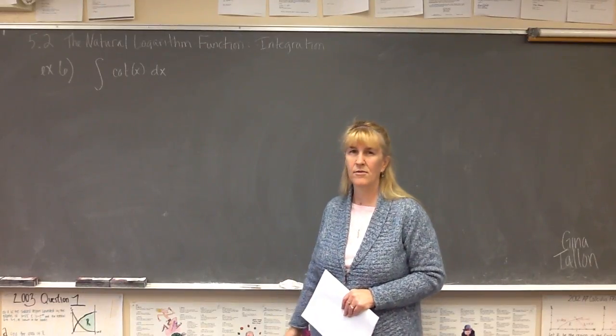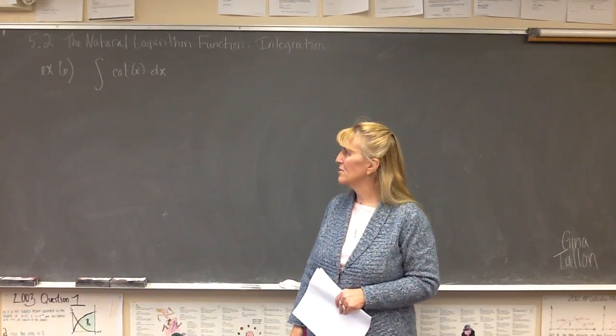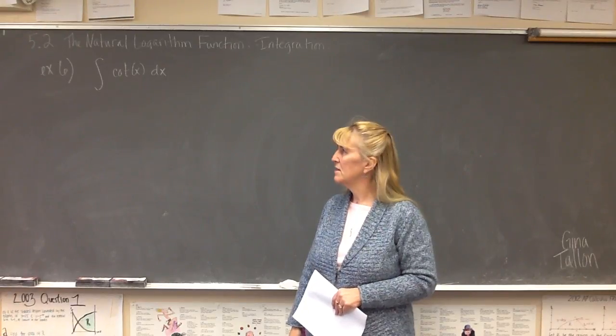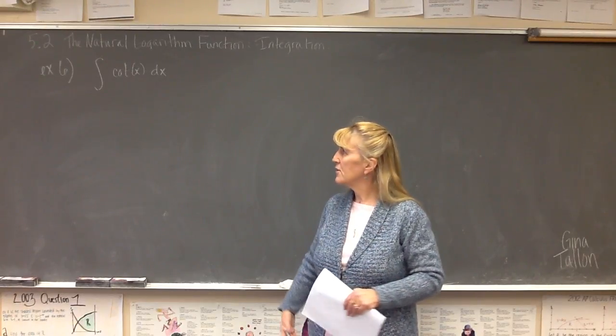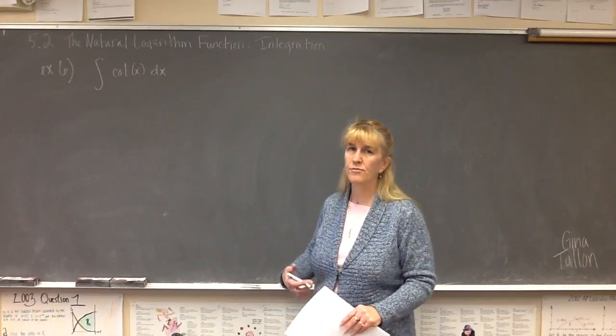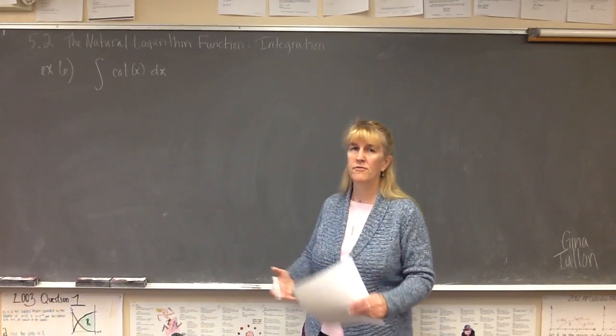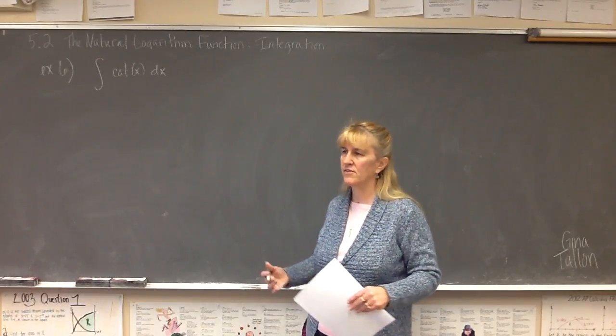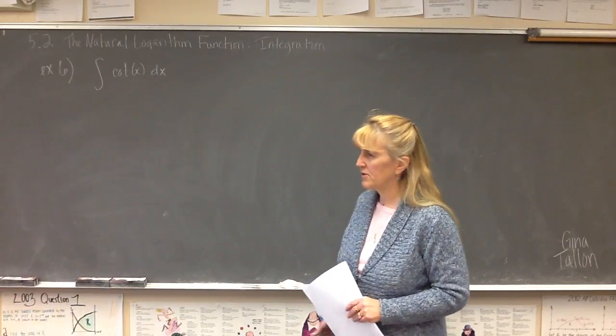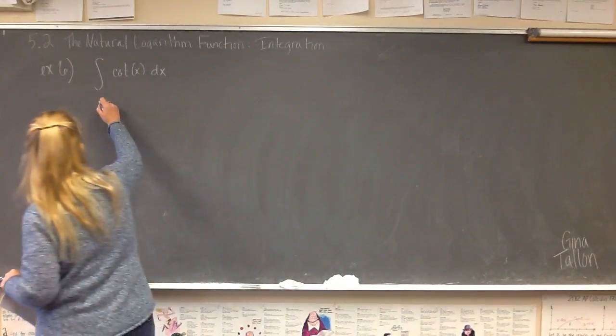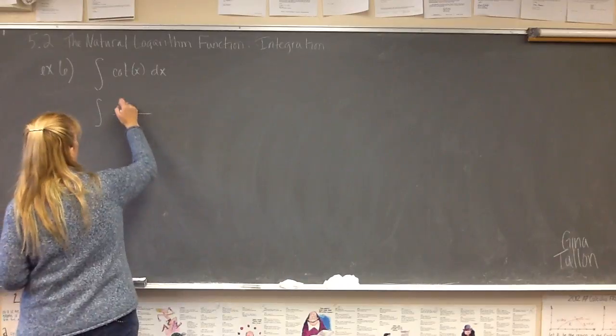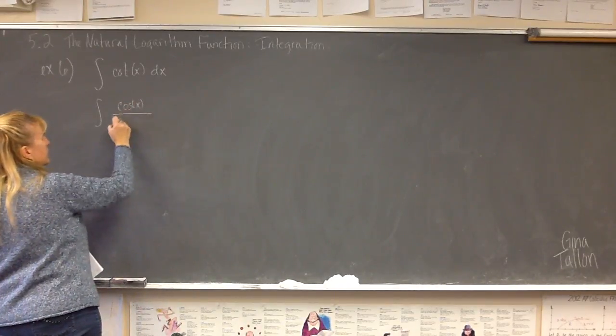But I don't know its integral. I don't know how to work backwards from the cotangent x answer to get my original function. So I'm going to have to rewrite it and look at this thing in some other format that maybe I can find some applicable situation. So cotangent, we know, is cosine x over sine x.